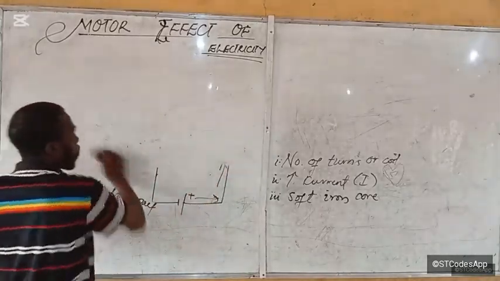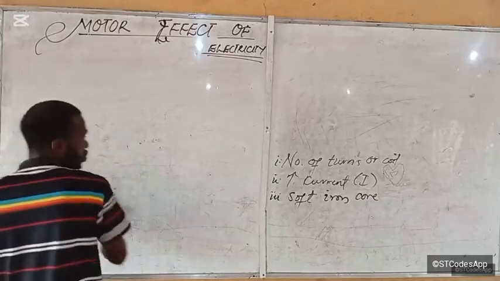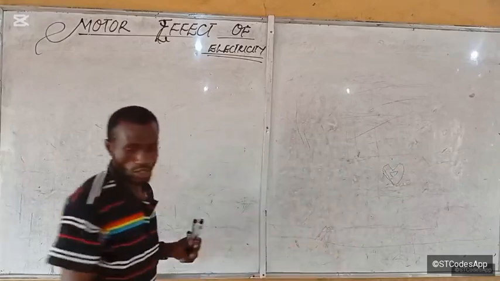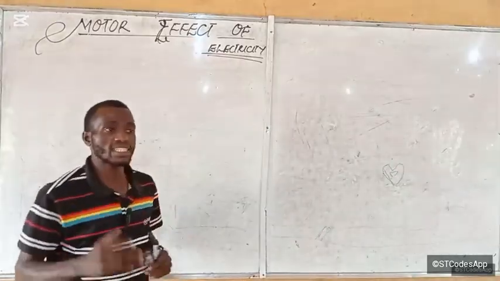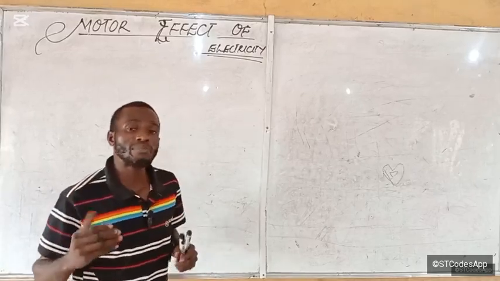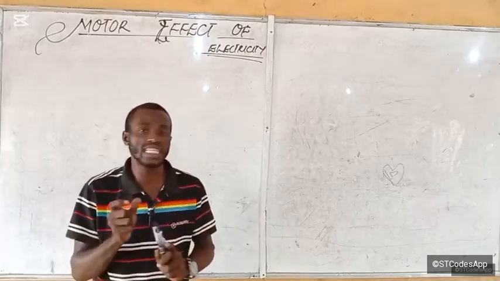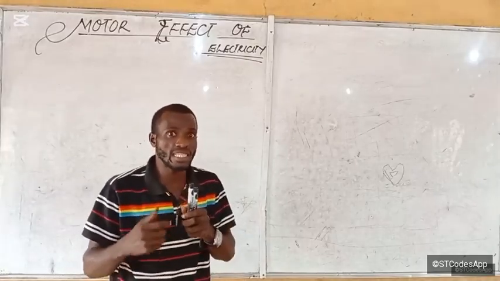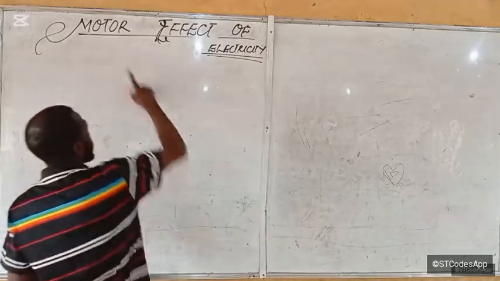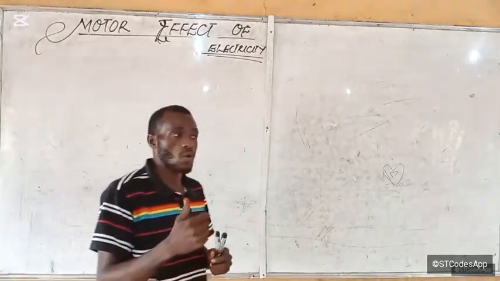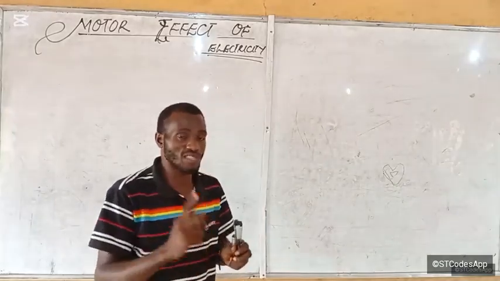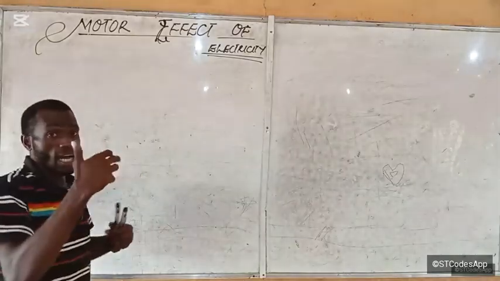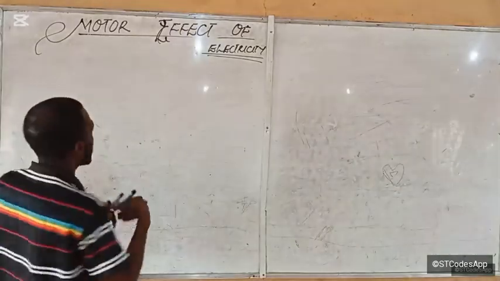Okay. Now, what is the motor effect of electricity? The motor effect of electricity basically relates to how the interaction between electric field and magnetic field can lead to an effect, which is called the motor effect. What happens when electric field and magnetic field interact? Okay, now join me on the board and see. Let me show you a typical example of what I mean.